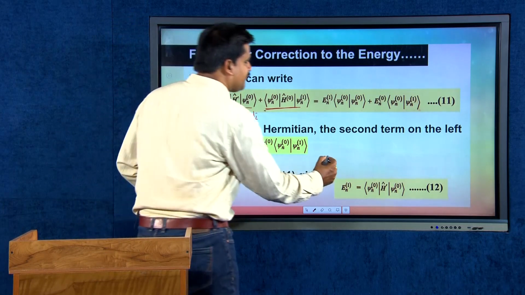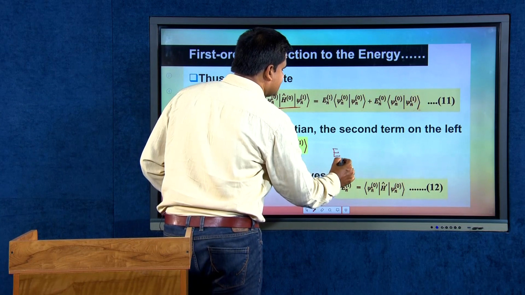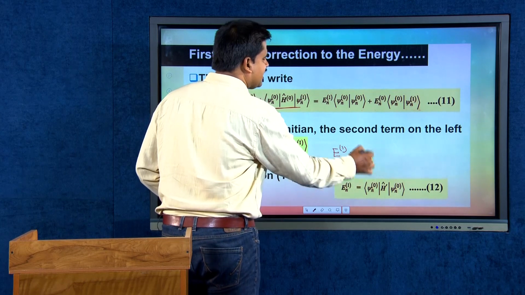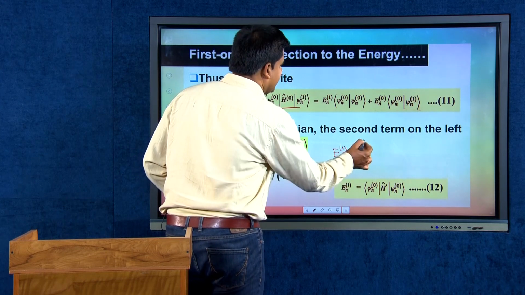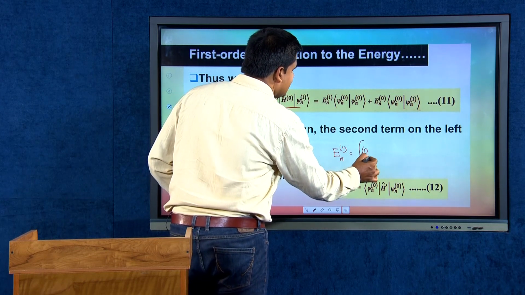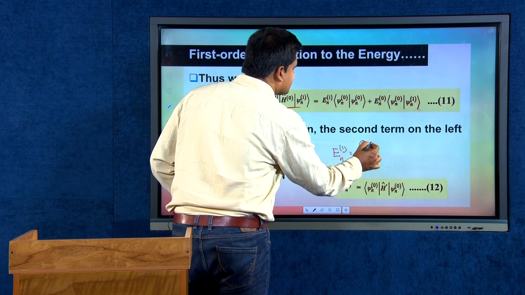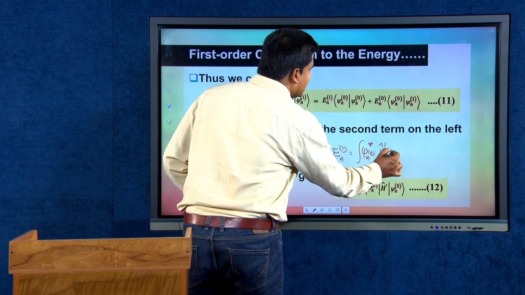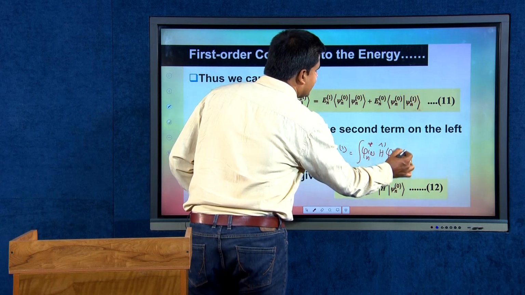That is, the first order correction to energy En1 equal to, this term can be converted to integral if we wish, integral psi n0 star h hat dash psi n0 d tau.